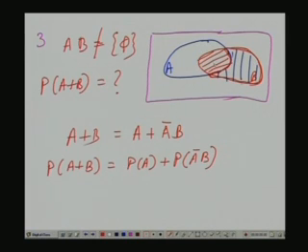One is this part, which is AB, another is this part, A bar B. Similarly, consider B now. What is B? B is this entire thing, it has got two parts. Whatever parts I have, I want them to be mutually exclusive, because axiom number 3 works only for mutually exclusive subsets, isn't it?